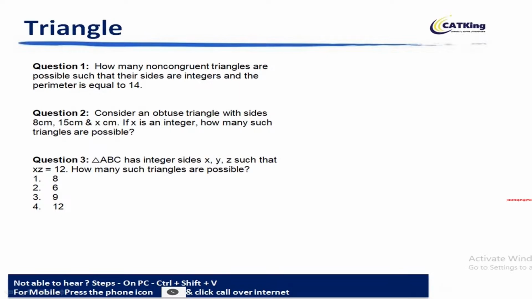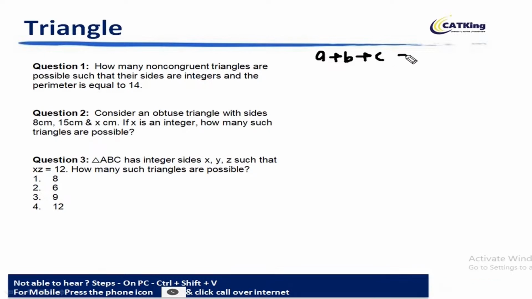Question number one says, how many non-congruent triangles are possible such that their sides are integers and the perimeter is equal to 14? So a plus b plus c is equal to 14.